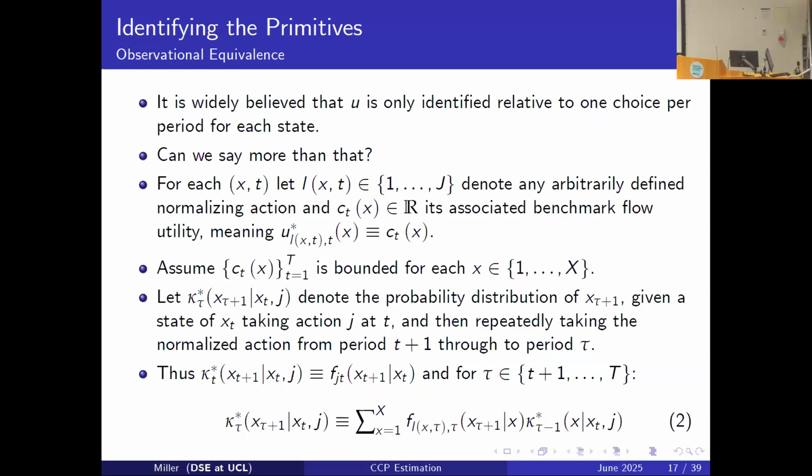So for each time period and for each value that the state variable can take, let's fix the utility that you get from one of the actions and call it C. In other words, let's assume we know for a minute the utility that you get from one of the actions in any given state of the world. I realize we don't know that. Let's assume that for a minute so that I can make my point.